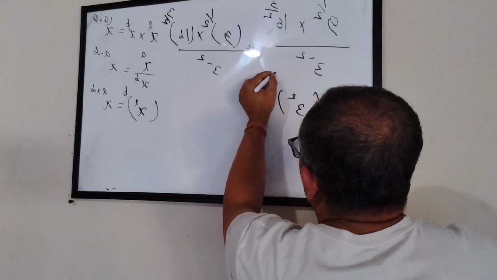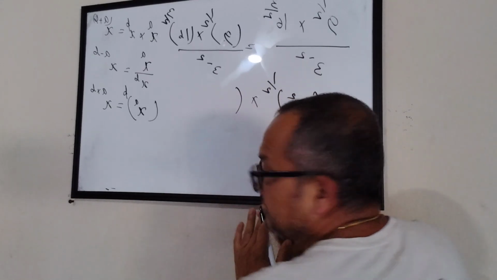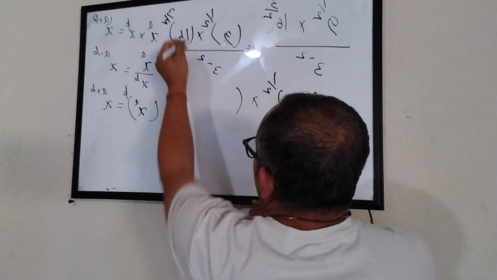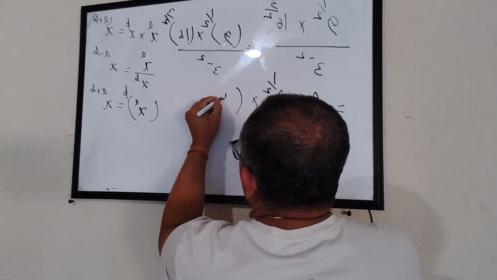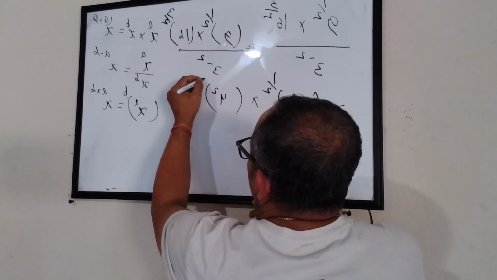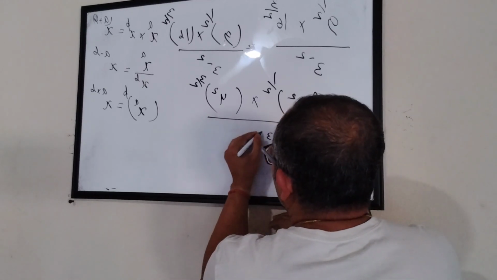As I said, we want to get a simplified form of this, so I'm trying to break it down to the smallest possible numbers so that our life gets much easier. Now 16 is also a square, so I can write this as 4 to the power 2, divided by 3 to the power minus 2.